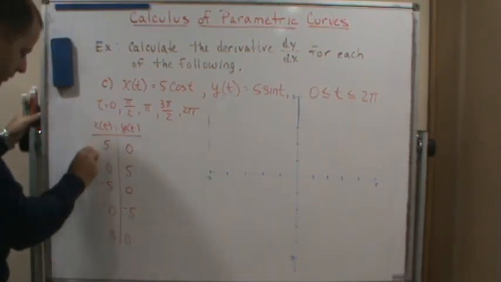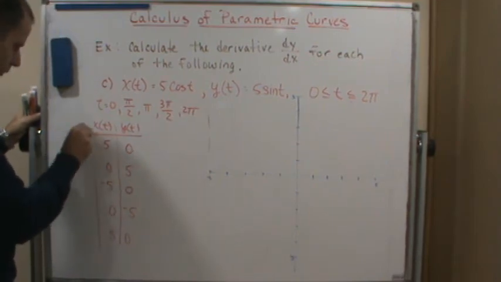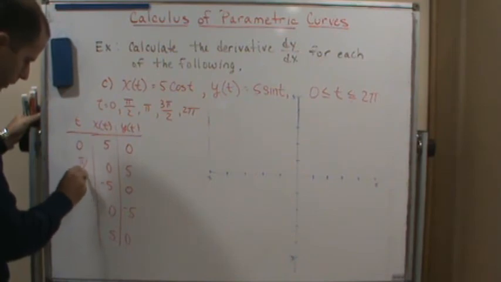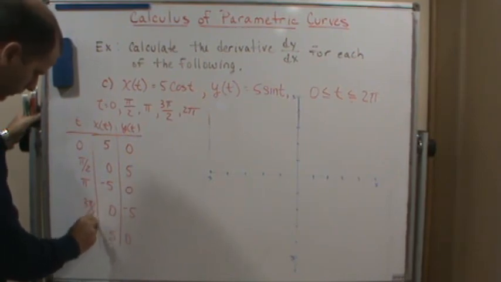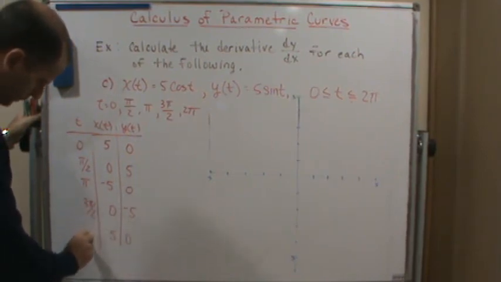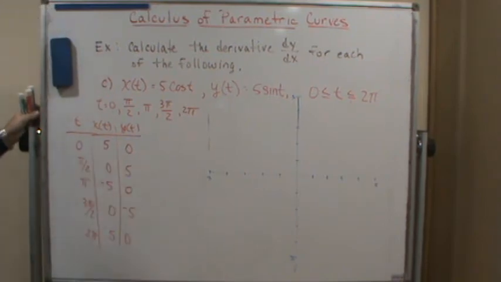So again, this is all for t is 0, pi over 2, pi, 3 pi over 2, and 2 pi.